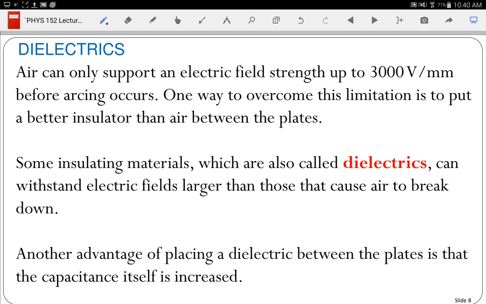And so if we want a capacitor that stores a lot of energy, we're going to need a pretty high electric field. So how can we make it hold a higher electric field than air can handle? We put something in there that's going to act as a dielectric. And that dielectric allows it to have a larger electric field. And we'll see why in just a moment.